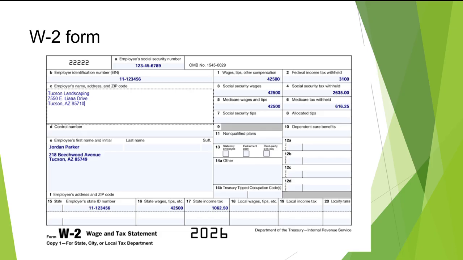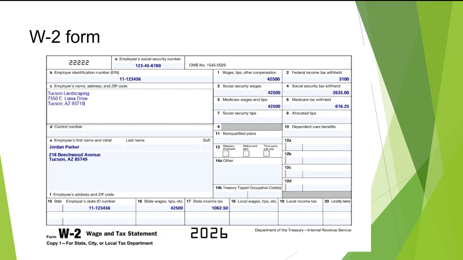The employee's first name and initial should be correct on your W-2 form. If it is not, you should go back to your employer and get it corrected so that it is your current name and physical street address.